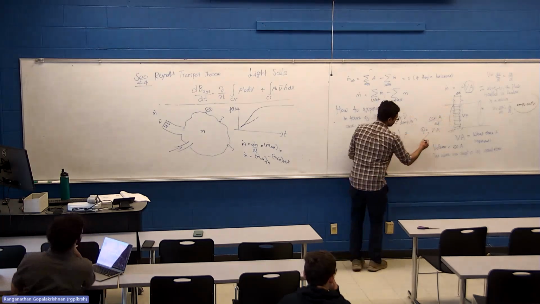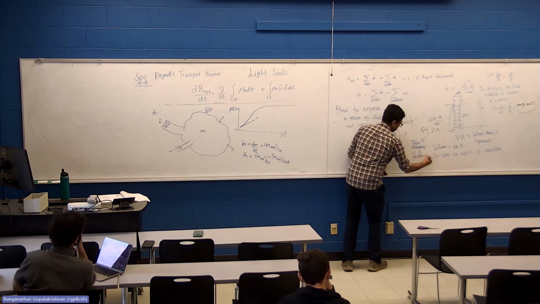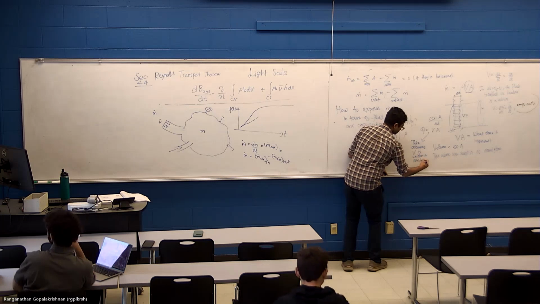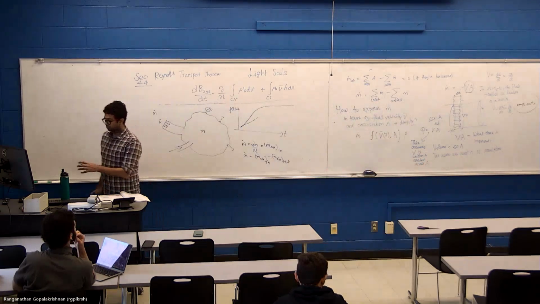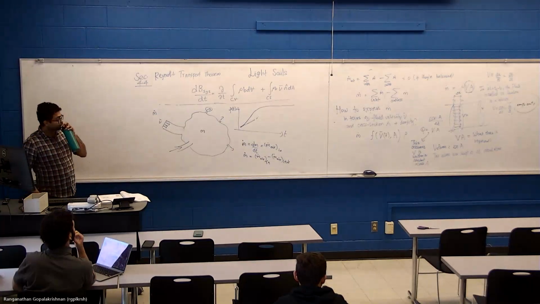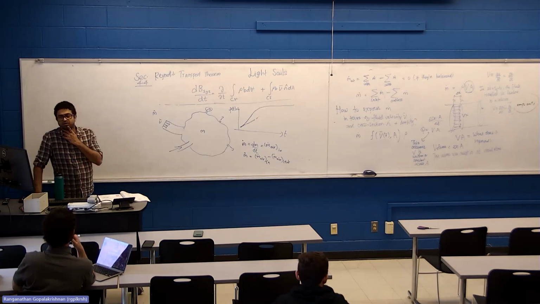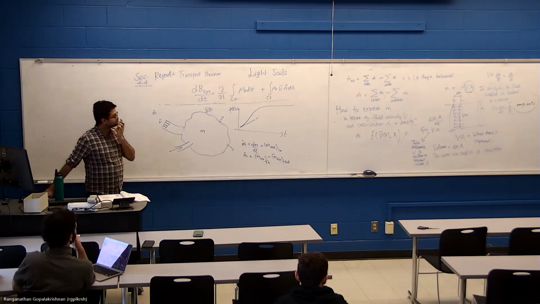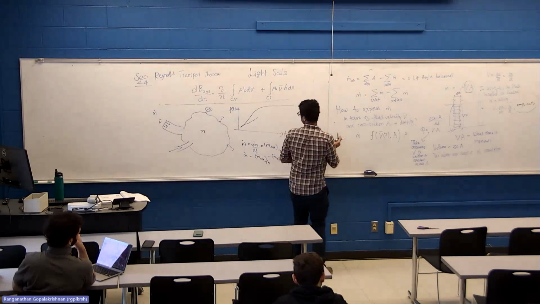So this assumes V is uniform or constant across A. What if it is not constant? What if the velocity is not constant?